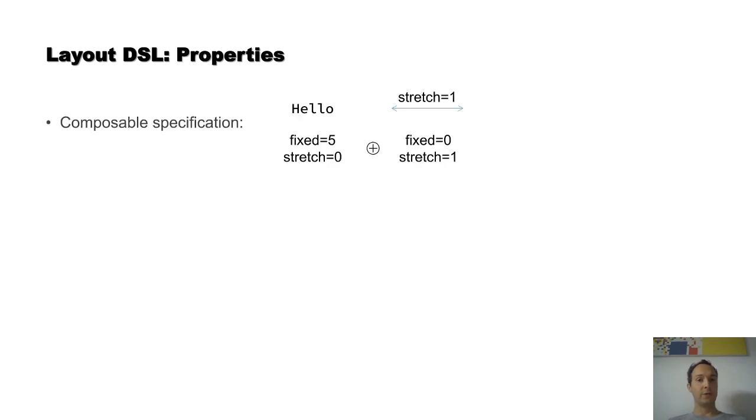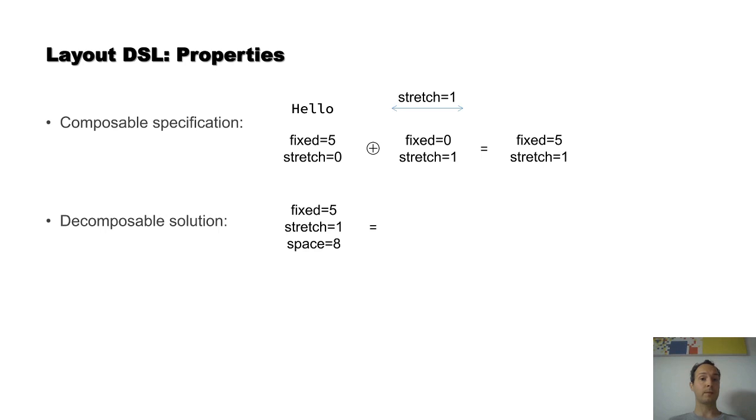Let's look at the properties of this DSL. First, the composition is very simple to compute. To concatenate two objects, we can just do pointwise addition on fixed and stretched parts. Hello plus stretch 1 results in a dimension with the fixed part being 5 and the stretched part being 1. And second, decomposing a solution is as simple.